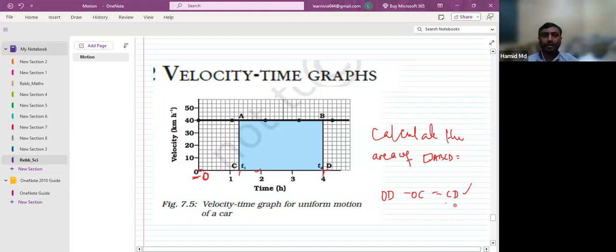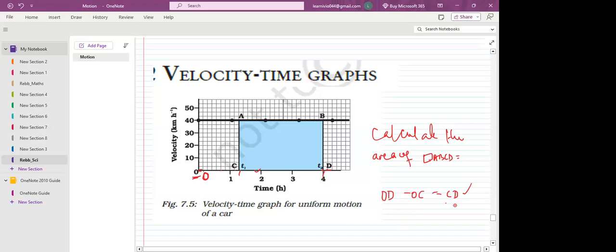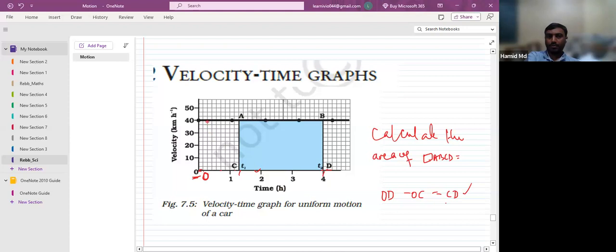Similarly, calculate the velocity axis distance. So it will be OB minus OA. This will be OB minus OA.